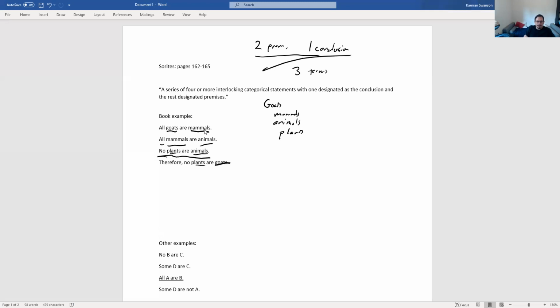The idea here is that this conclusion is only the final conclusion. There's actually going to be another conclusion hidden in here. This is where we use the lesson we got on enthymemes earlier. We may find that the conclusion or a premise is missing from this argument.